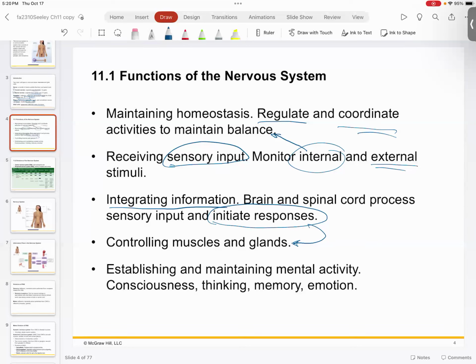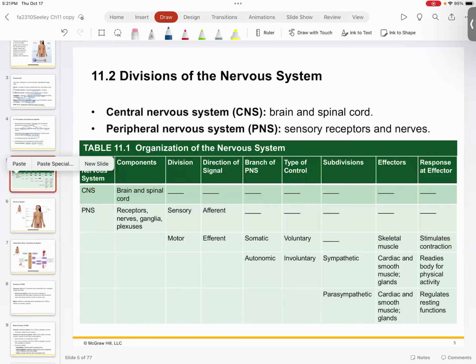This is the way we're able to maintain basic function. If we're talking about basic consciousness, like when to be asleep and when not to be asleep, thinking, the thoughts we think, the memories we have, the emotions we have, all of these are coordinated and integrated responses to the inputs coming in.